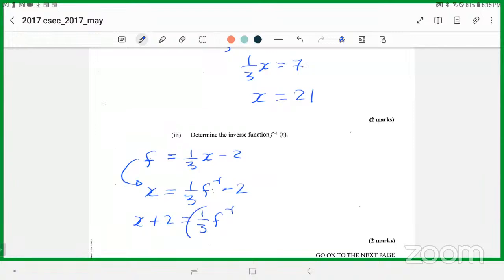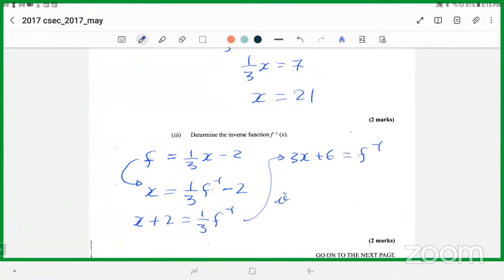Then to get rid of this third, we just multiply by 3. I like to multiply this 3 across this side. So what's going to happen next is that we're going to get 3 times these values. So we're going to get 3x plus 6 equals f to the minus 1. And that is it.